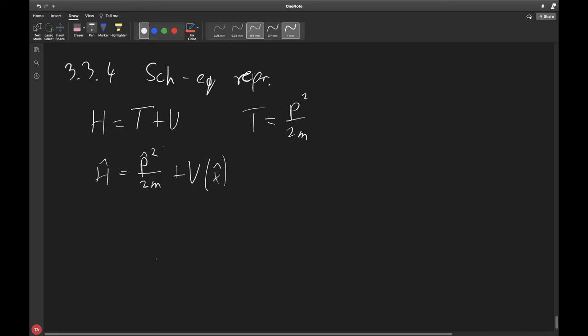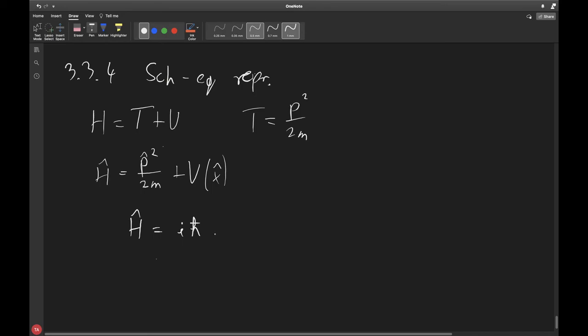However, the x becomes x with a hat, so it becomes an operator. If you remember, as we just discussed, the x operator multiplies with the x, while the p operator does a derivation. We also described in the Schrödinger equation that the representation of the energy, essentially the Hamiltonian, is done by a time derivative. So the h, the operator for measuring energy, comes from the fact that time changes.